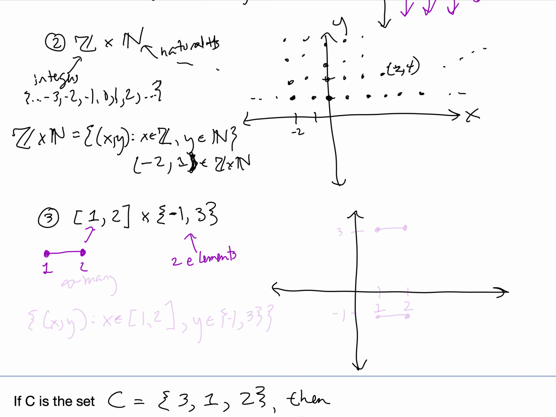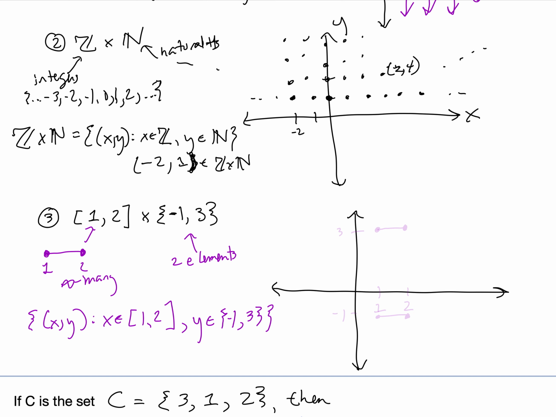And those 2 elements are the number -1 and the number +3. Again, this is the set x comma y, such that x is an element of the closed interval from 1 to 2, and y is in the set of 2 elements, -1 and +3. So that's the set if we're writing it in set builder notation.